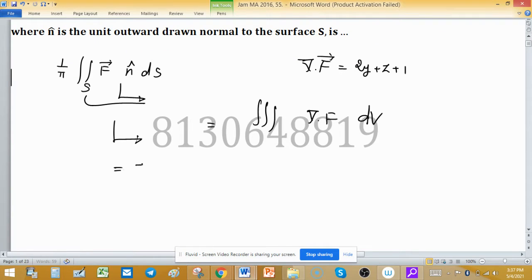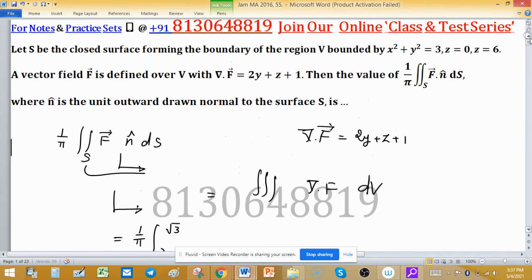So this is equal to 1 upon pi, and the limits are as given: x square plus y square equal to 3, z equal to 0 and z equal to 6. The limit of z is directly given, and the limit of y will be 0 to square root of 3 minus x square.